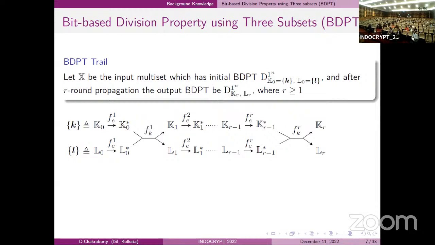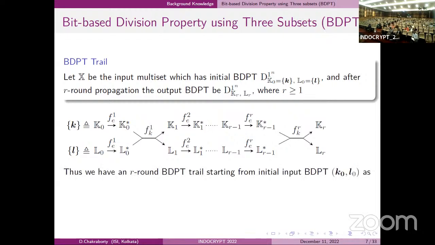For all the public functions in the round function, excepting the key XOR, the property propagates independently; there is no dependency between K0 star and the elements in L0. But for the key XOR operation there are some dependencies: from K0 star we cannot directly compute the elements of K1. So there are dependencies for the key XOR operation, but for the rest of the things, it is like this.